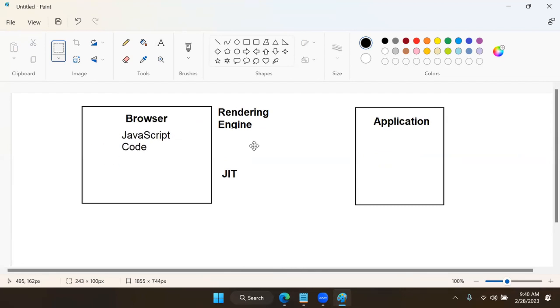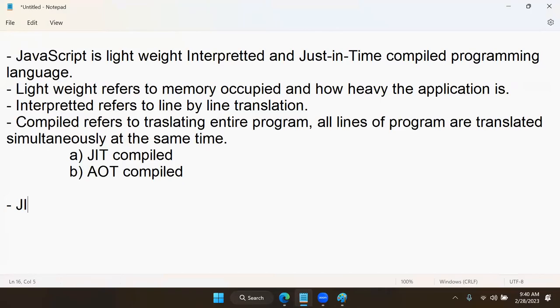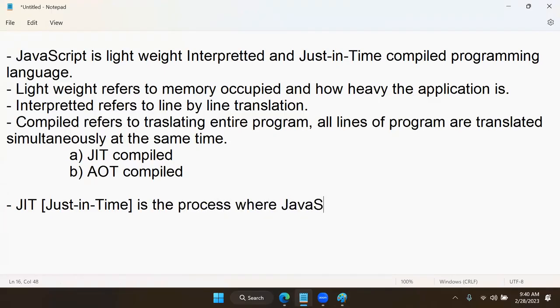So what does just in time mean? Just in time is the process where JavaScript is loaded into the browser and compiled in the browser.